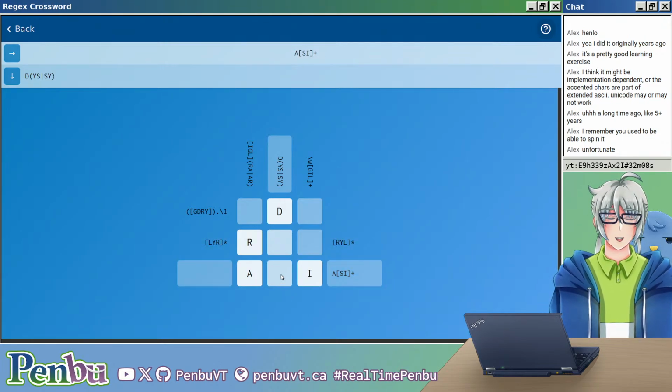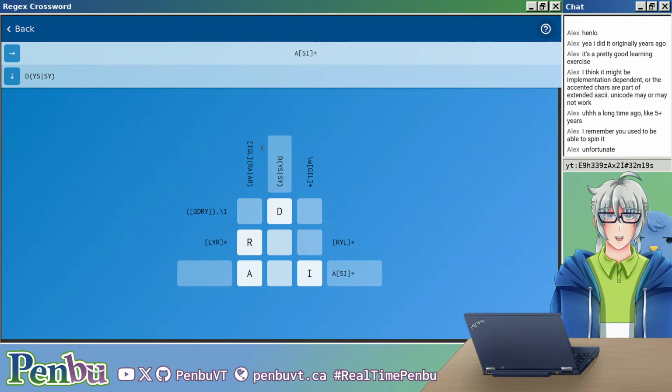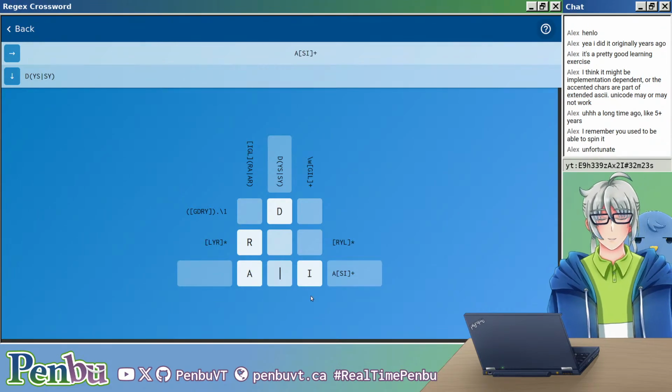But that makes it too easy, because sometimes the letters that show up in the clues and the letters that show up in the grid aren't always the same. It's usually a superset in the clues, and that just makes it too easy.